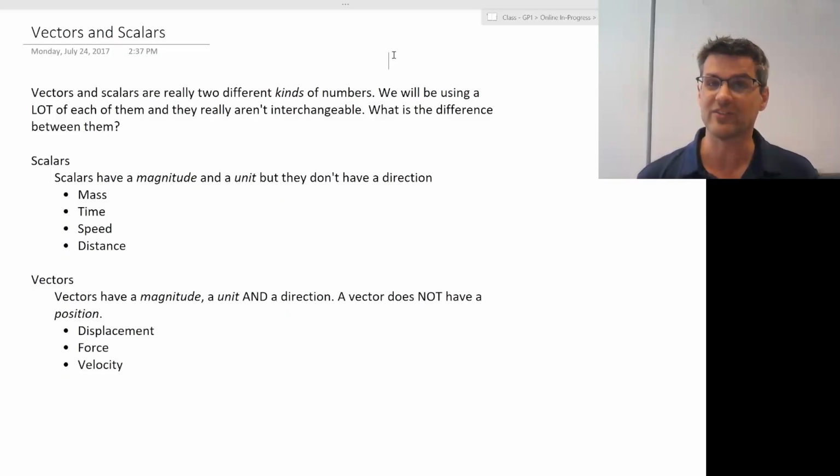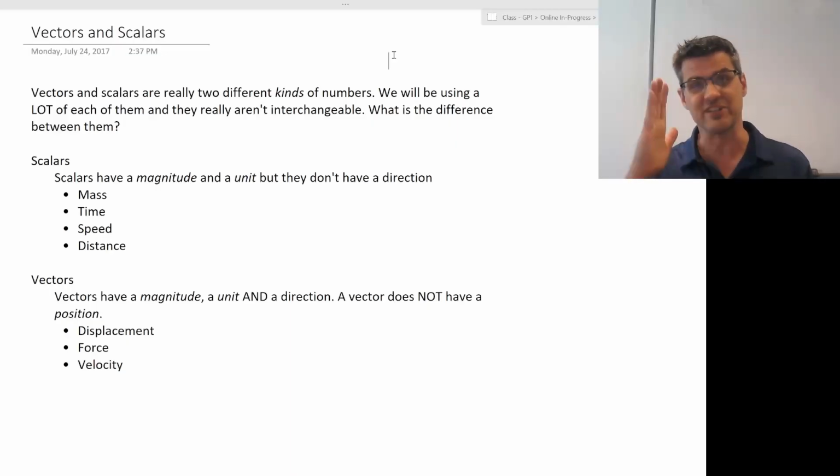If you were to go west 40 miles from Boca, you end up in the Everglades somewhere. And if you go south 60 miles or so, you end up down in Miami. So you have to say not only how far to go, but what direction to go. If you don't know anything about the direction, you could end up at places that don't necessarily make a lot of sense to you.